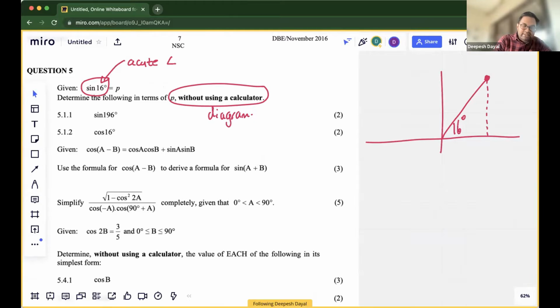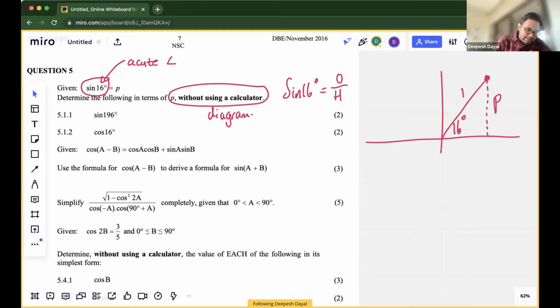So what do we know about sine? Sine is opposite over hypotenuse, or y over r if you use that method. So sine 16 degrees equals opposite over hypotenuse. The opposite here would be p, and the hypotenuse would be 1. Then we find the x using Pythagoras.